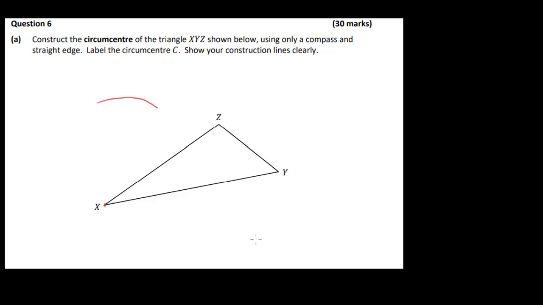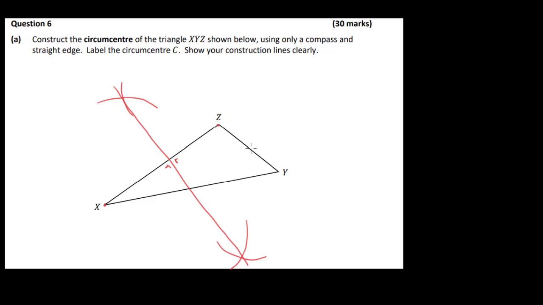What you do then is draw another arc down here somewhere. And then without moving the compass, bring your compass over here and draw two more arcs, one here and one here. And then you're going to join up those two lines there. Now this will be the perpendicular bisector of the line segment XZ.